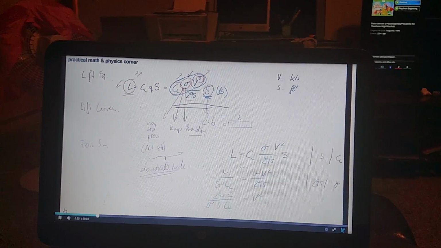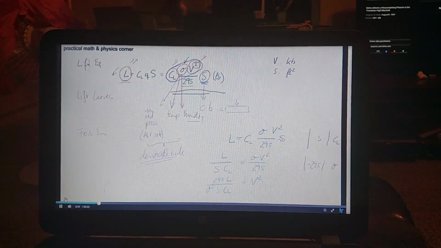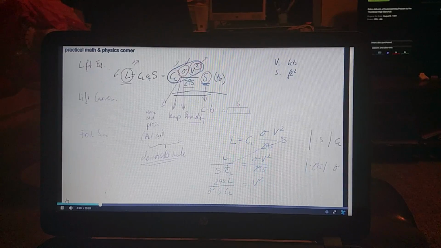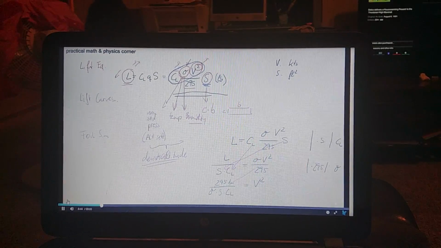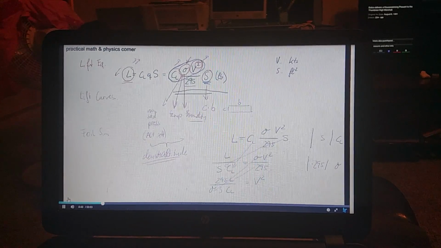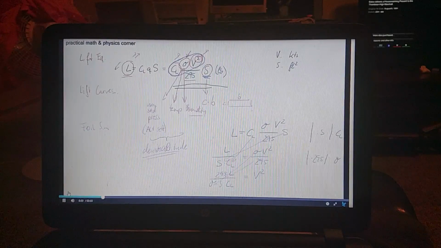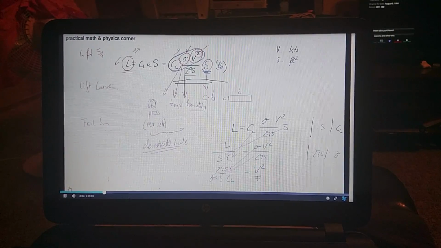So basically I just moved, to make it one more time obvious, I moved this to the other side, moved this to the other side, then I moved this to the other side, and the sigma to the other side, and basically that solves algebraically my equation for the square of velocity.